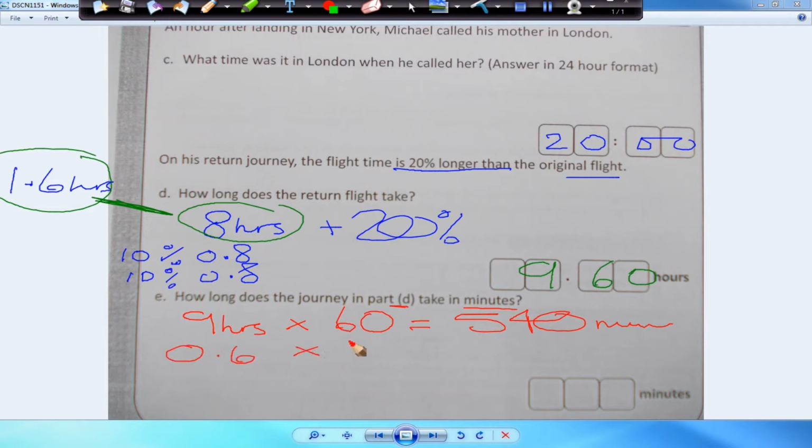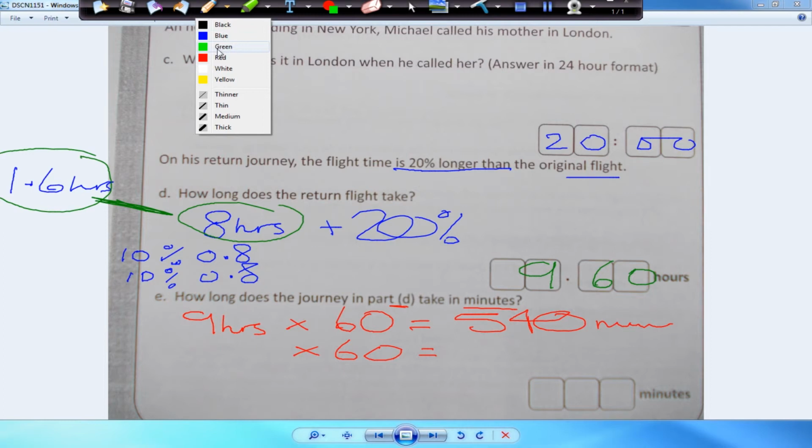0.6 times by 60. Now we have to think about technique for working this out. 0.6, folks, as a fraction, what's 0.6 as a fraction? Iman, 0.6 as a fraction gives us what? 6 tenths.